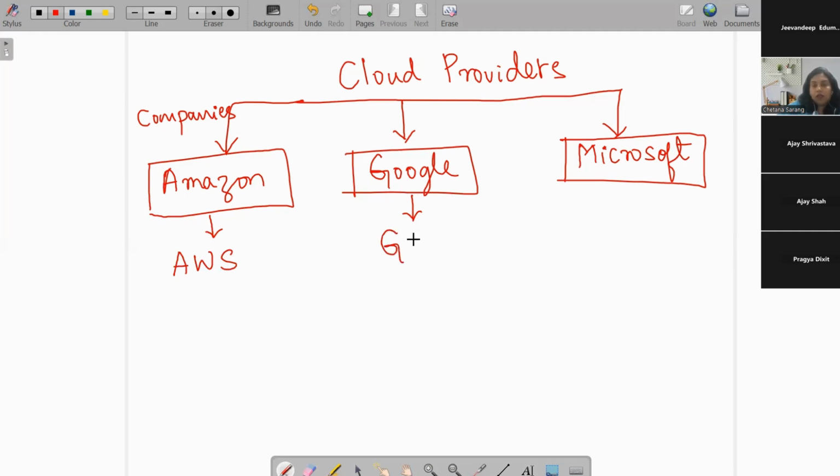Google, it is called GCP, Google Cloud Provider. And Microsoft, it is named Azure, Azure, Azure. So these are the top three players in the market of cloud services.